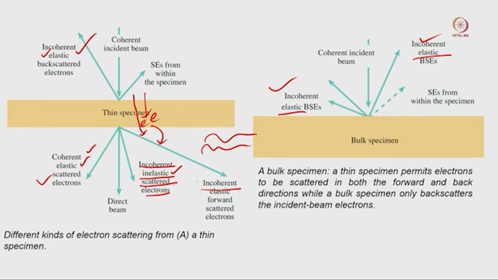So the major difference between the material science electron microscope and the biological science electron microscope is that we cannot use a very high electron dose for biological samples.